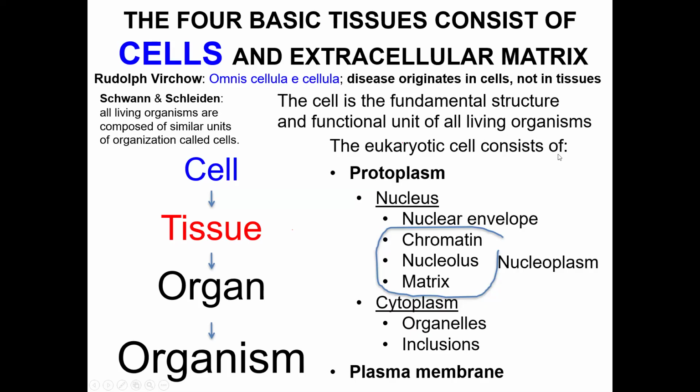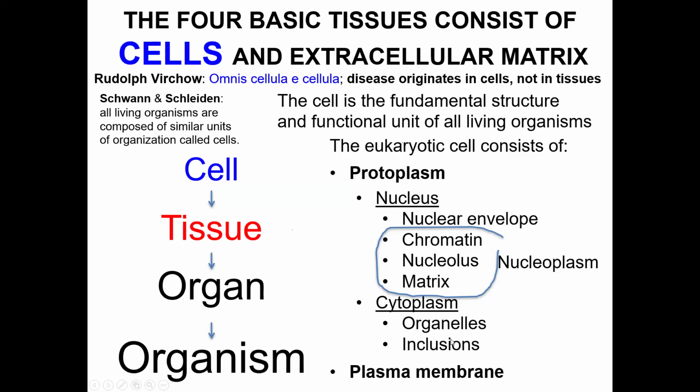The eukaryotic cell consists of the protoplasm that is surrounded by the plasma membrane. The plasma membrane is a bilayer of phospholipids, and everything inside that enclosure forms the protoplasm. Inside the cell, there is the nucleus. The nucleus is surrounded by the cytoplasm.